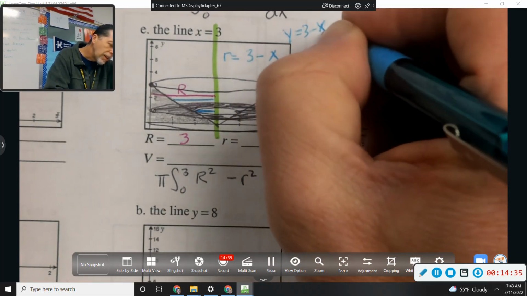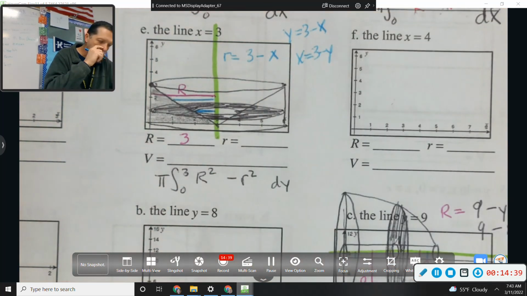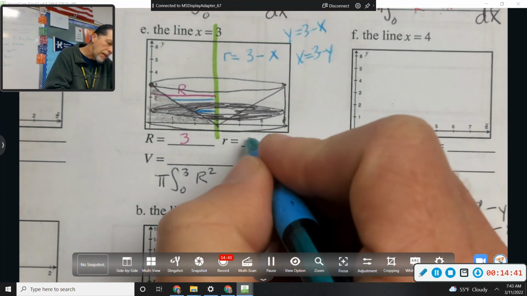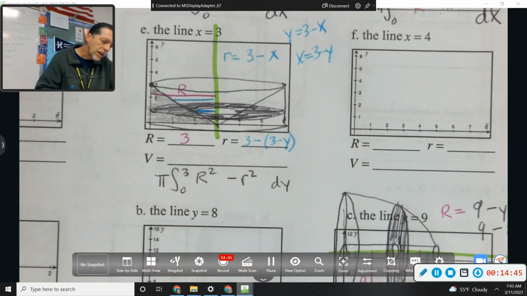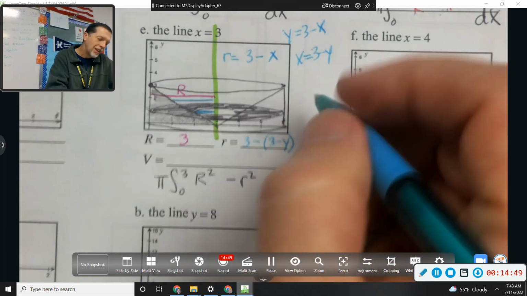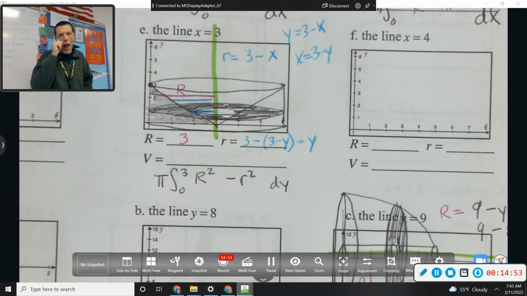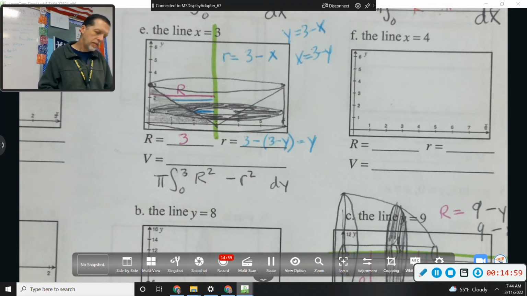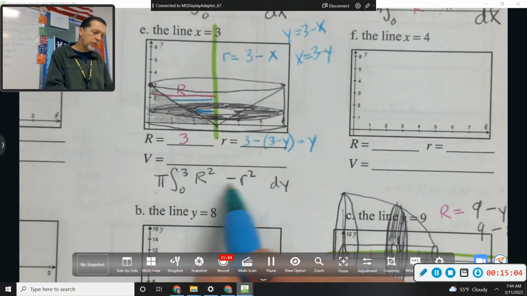So if I move things around, x equals 3 minus y. So 3 minus x becomes 3 minus (3 minus y), which simplifies to just y. And again, we already had the washer part set up: pi, R squared minus r squared.